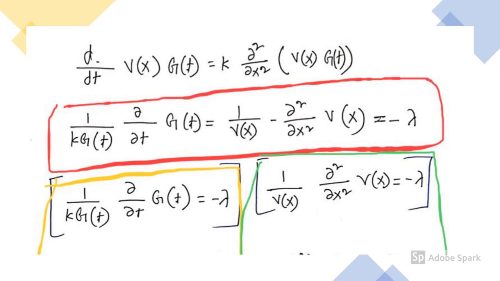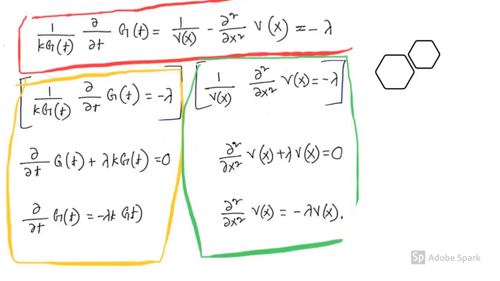We can separate lambda for both. 1 divided by kG times dG/dt equals minus lambda, and the other one is 1 divided by V times ∂²V/∂x² equals minus lambda. This is the full separation.